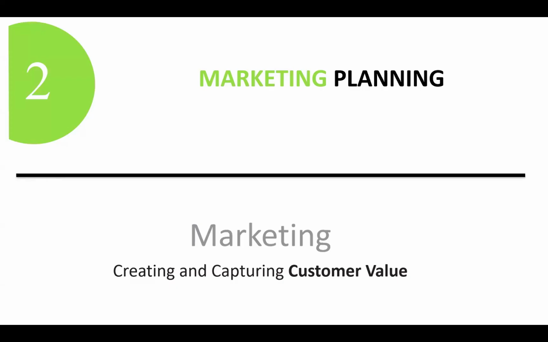I use the word strategy here, the corporate strategy. It is all about how you are going to create customer value in the longer run and take your organization to a different level. So that is the corporate strategy, right?